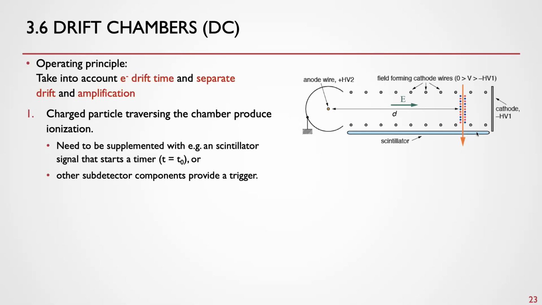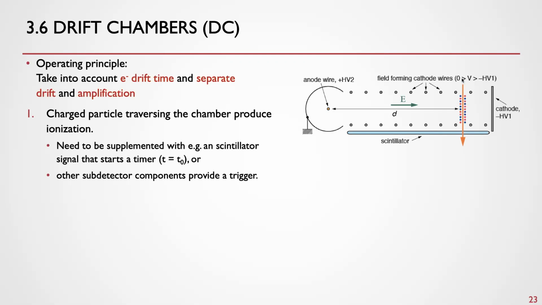The drift chambers operate by means of measuring the drift time of the electrons. And to start that measurement, you need an independent timing measurement. So either that's a separate detector or from somewhere else in the detector. So drift chambers cannot be used for triggering because you need to know when the drift time starts.